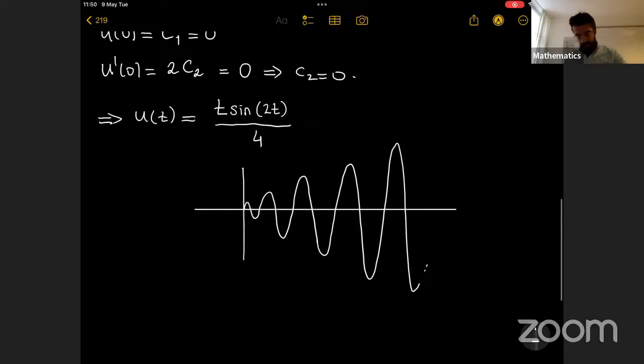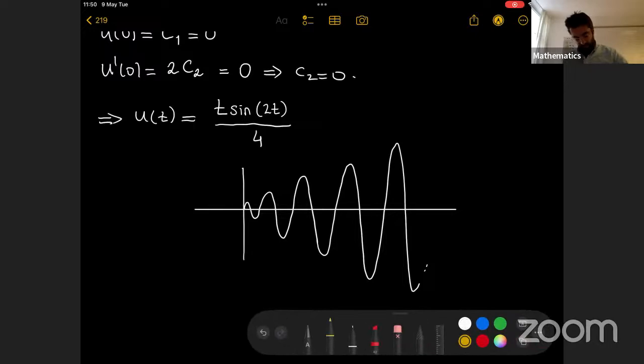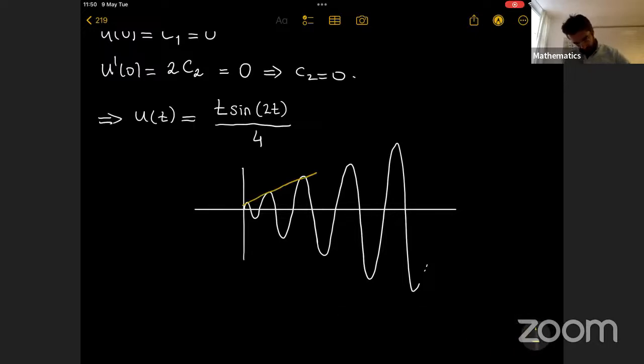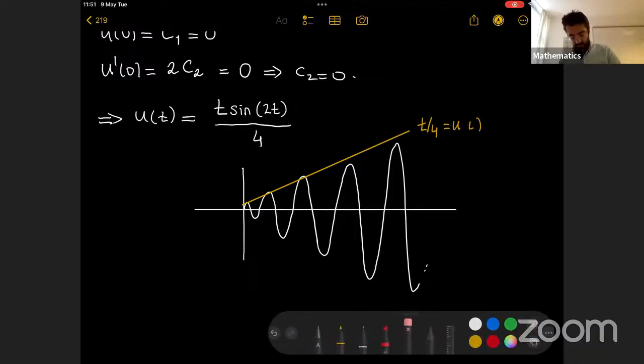So you see here, if you look at this line here, this is t over 4. Or maybe let's say not ut, it's y is equal to t over 4.